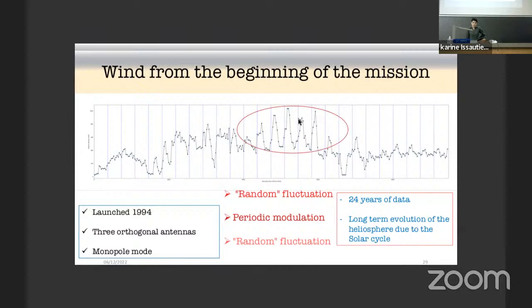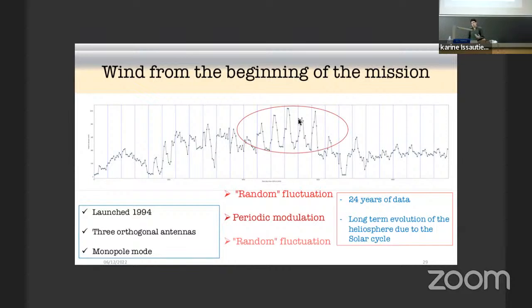I decided that wavelength analysis can definitely be useful for this, and I will try to apply it on both data sets, from Wind and from STEREO. So I can be sure that if there is a correlation, I will see it at both satellites.